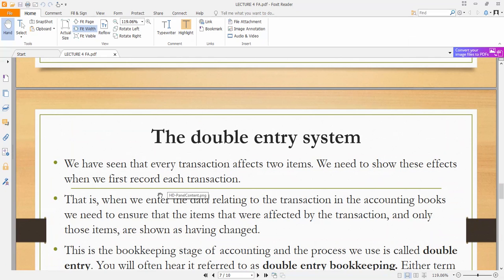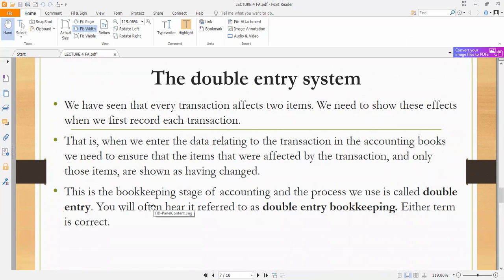That is, when we enter the data relating to the transaction in the accounting books, we need to ensure that the items that were affected by the transaction, and only those items, are shown as having changed. This is the bookkeeping stage of accounting, and the process we use is double entry.